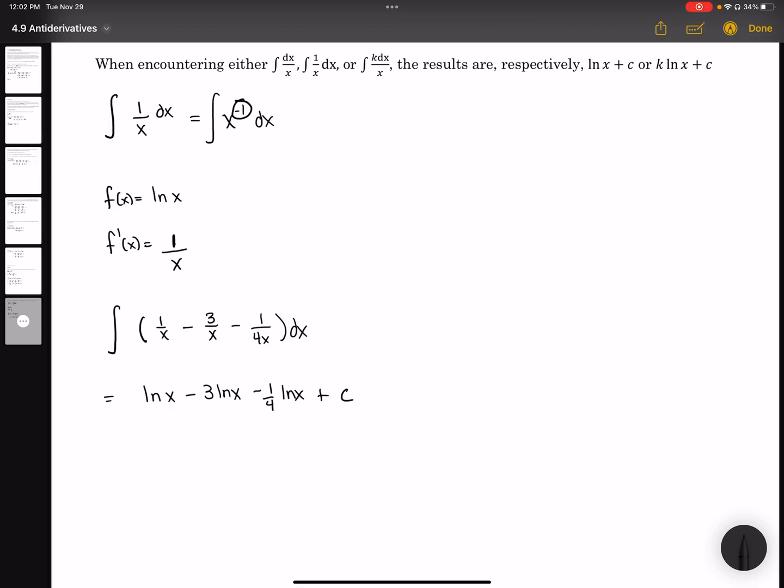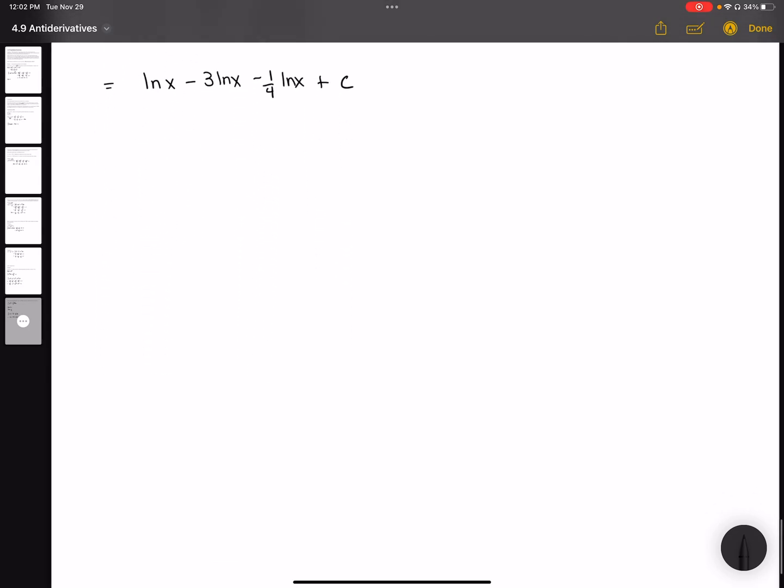The last thing is the trig functions, and the rules are as follows. If we have the antiderivative of cosine of some multiple of x dx, first off, whose derivative is cosine?